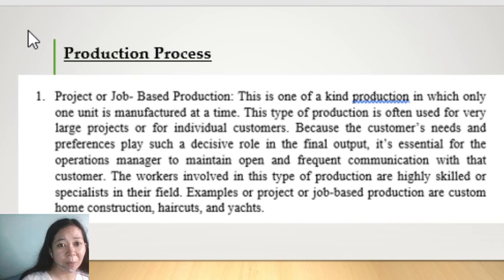The workers involved here are highly skilled or specialists in their field. Examples of project or job-based production are custom home construction, haircuts, and yachts. Again, very specific output for different types of customers.